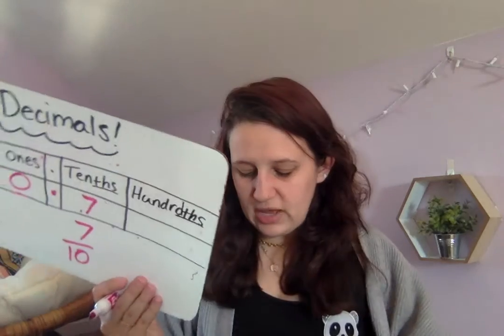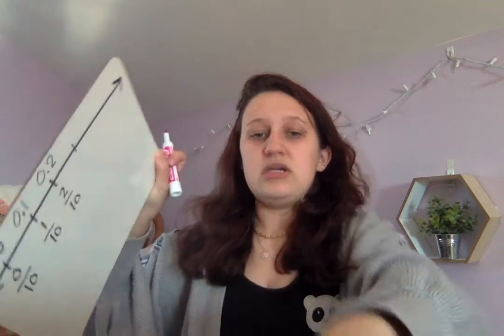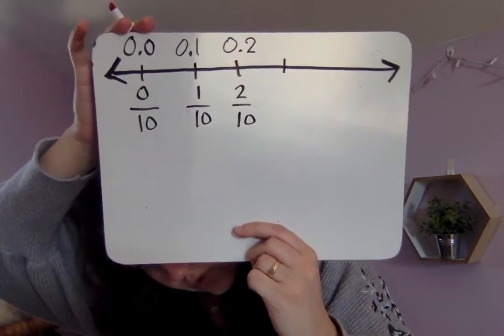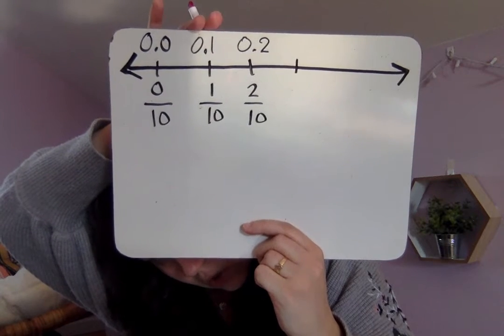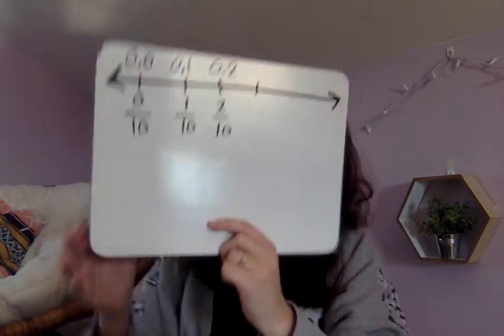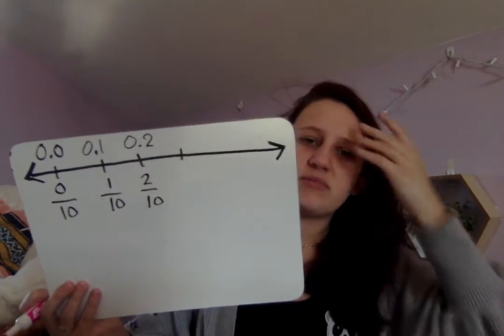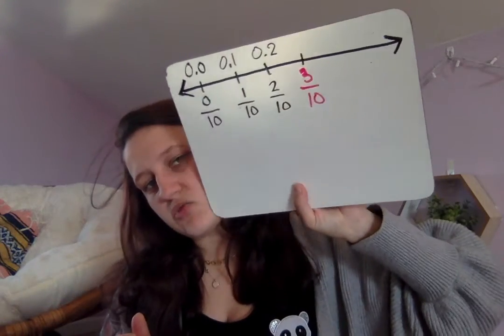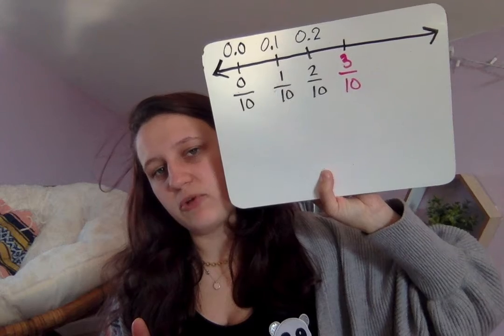Now, if I were to do that on a number line, it would look like this. 0 out of 10 would be 0.0. 1 out of 10 would be 0.1. 2 out of 10 would be 0.2. Now let's see. Can't see past my own hair. Now let's see what 3 out of 10 would be. Can you guess what 3 out of 10 would be based on the pattern on top? 0.3.